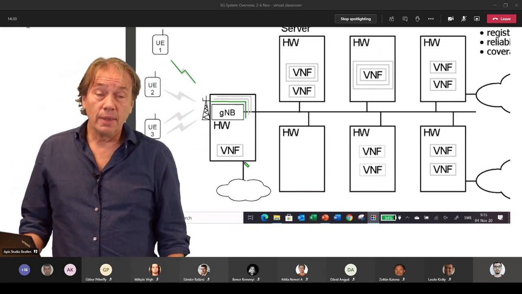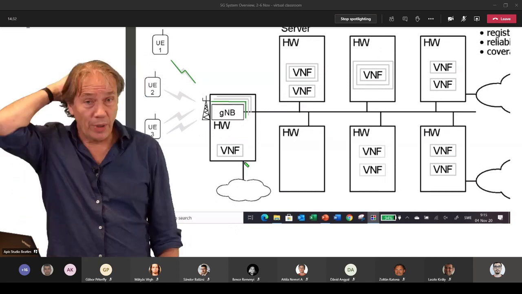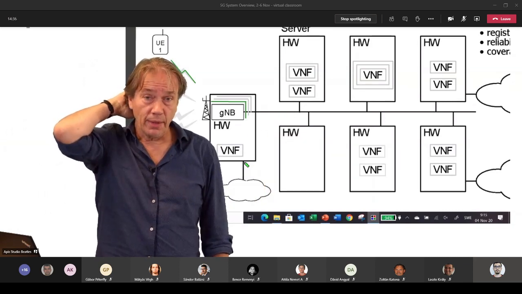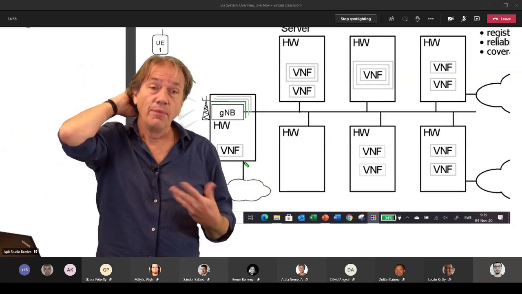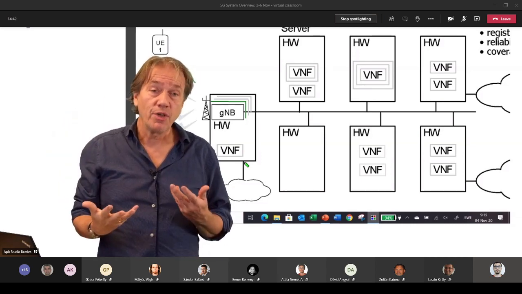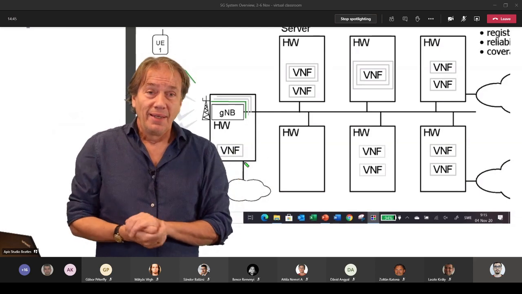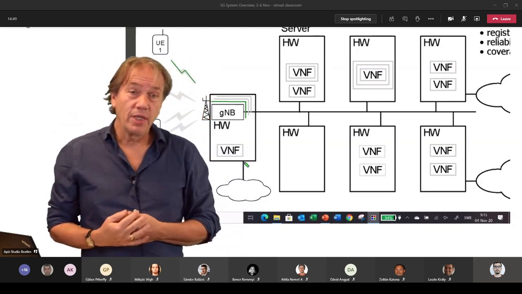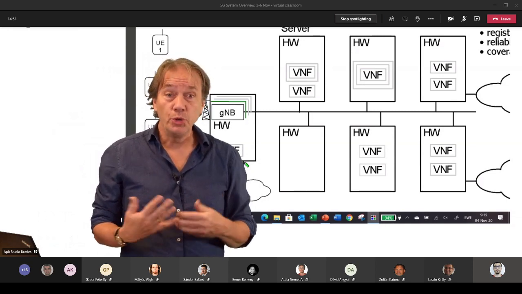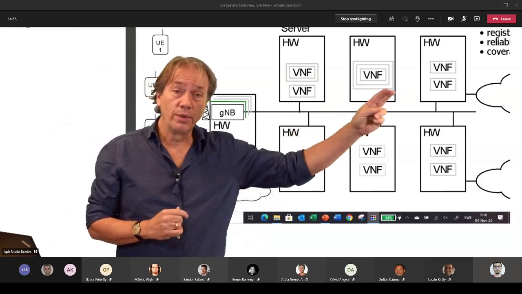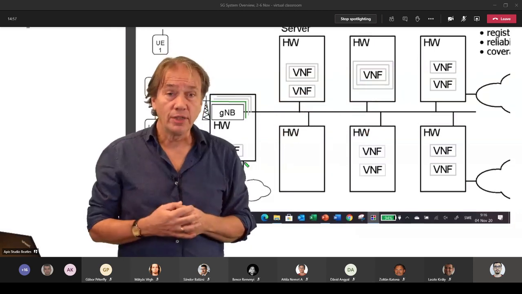And then, as we know, we need to have network functions in the core network. A number of them. We need to have an AMF, and we need to have a session management function, and we need to have UDM, and we need to have a policy control function, and UPFs, etc., etc. Here they are just called VNF, as in virtualized network function.